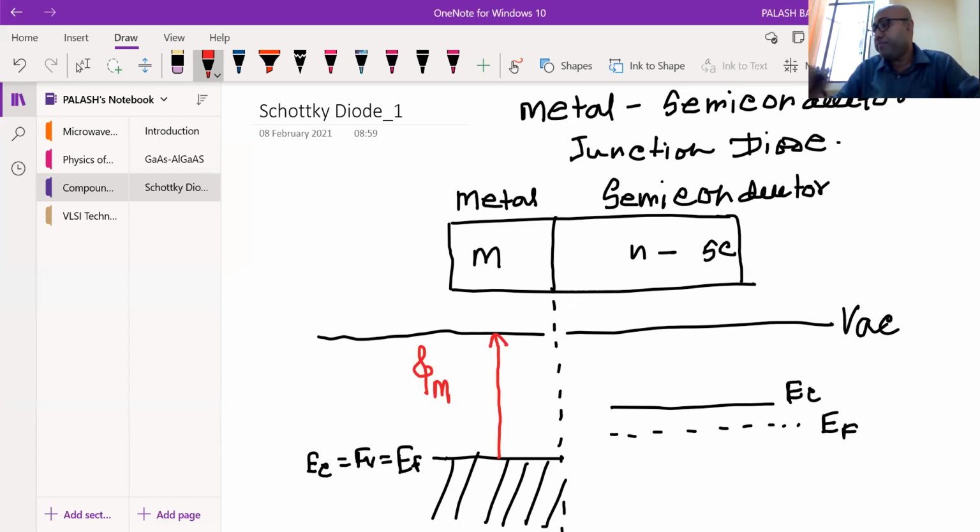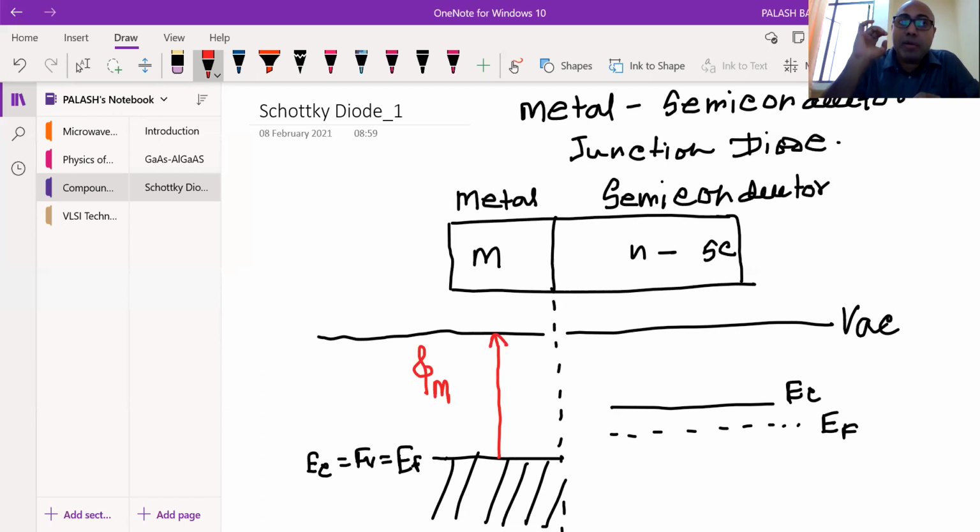Now, the same thing for a semiconductor, but here it's my personal preference. I don't want to bias you, but I don't like to define work function for a semiconductor. For example, the work function of a metal is a kind of constant value. But the work function of a semiconductor is not a constant. Why?